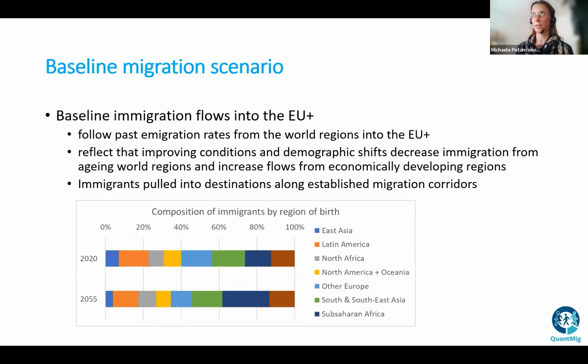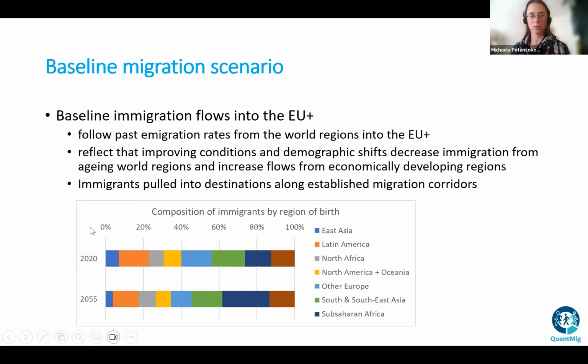Basically, this operationalization of the scenario reflects what we know from migration theory: that regions which have a higher number of young people who are more mobile, and regions that are developing, would probably be sending more migrants in the future, compared to those that are demographically aging, because they have smaller cohorts of young people who are prone to move, and to migrants from economically developed regions.